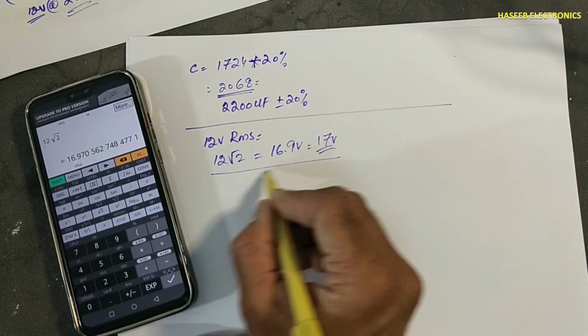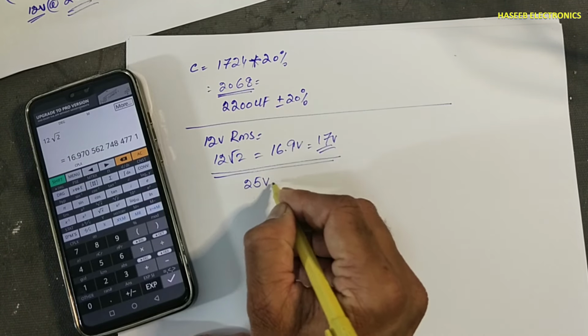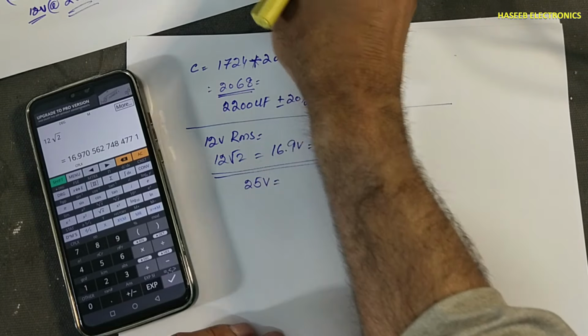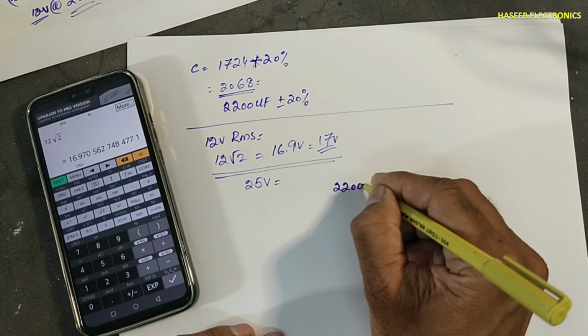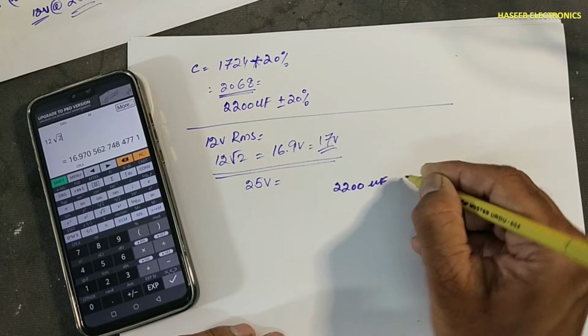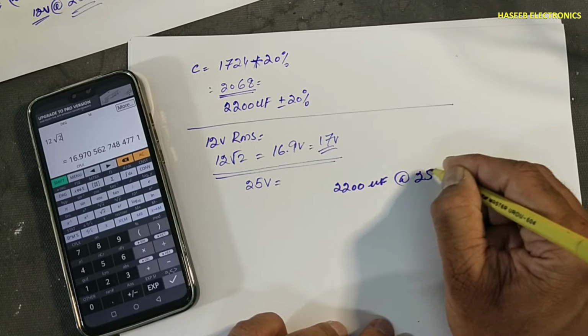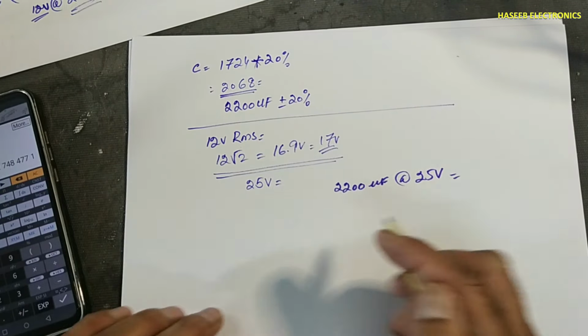So the upper voltage value is 25 volt. We will need a capacitor of 2200 microfarad at the rating of 25 volts. This capacitor will work nicely.